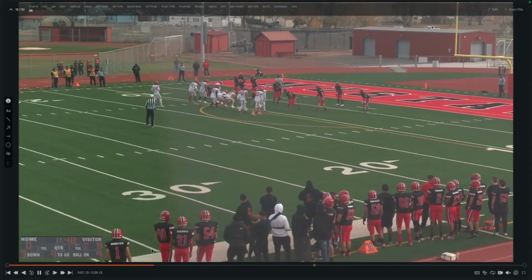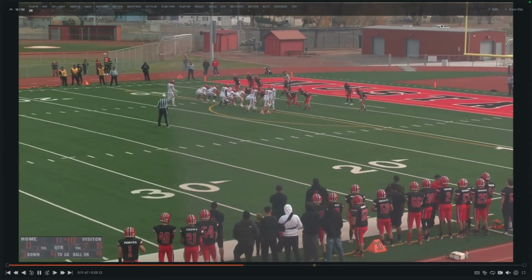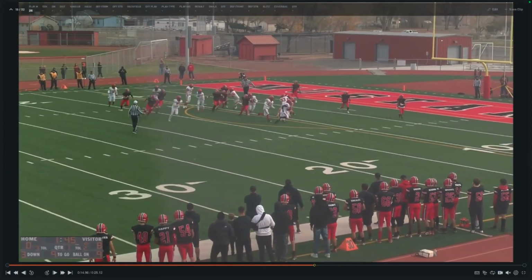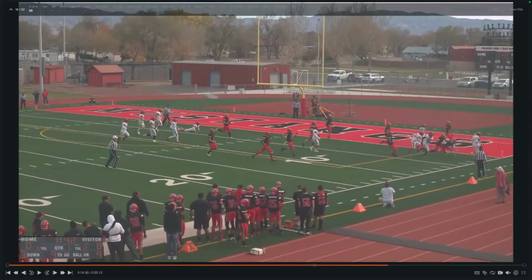Now, looking at this mechanically, and again, being a line of scrimmage guy, I'm going to pick on the line of scrimmage on this play. So I like that he's starting off the line. I don't think this play requires you to back all the way up as deep as you are at the yellow, because he's cut up right away.